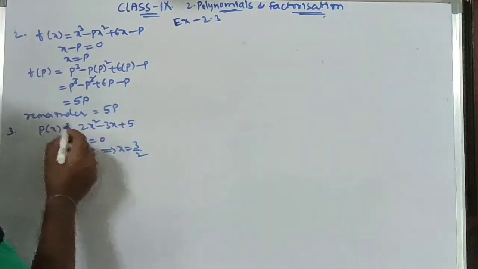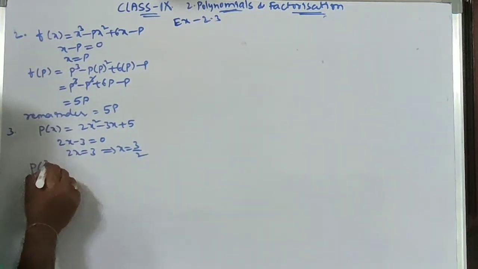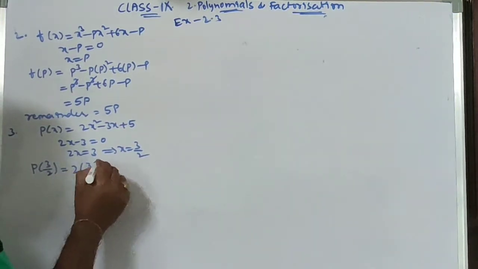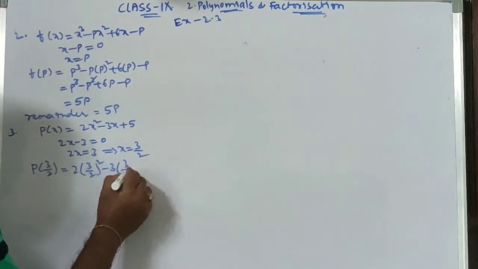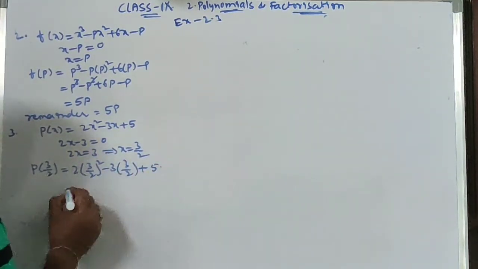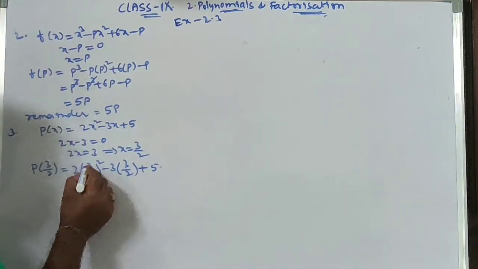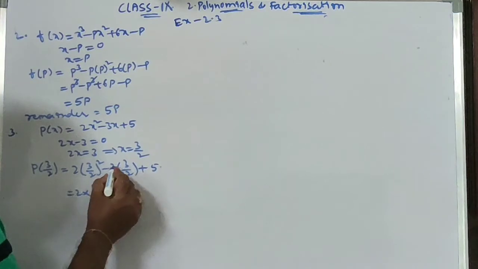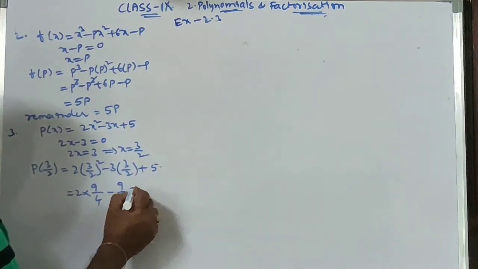So I want to substitute in this: p of 3 by 2 equal to 2 of 3 by 2 whole square minus 3 into 3 by 2 plus 5. So 2 into 3 square 9, 2 square 4, minus 3 into 3, 9 by 2, plus 5.